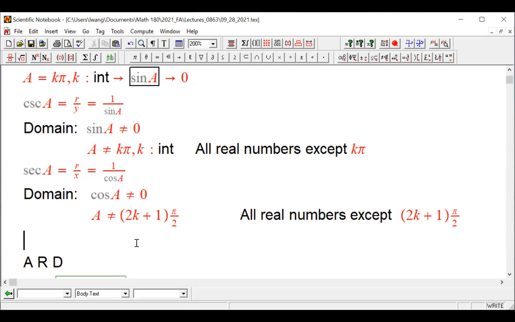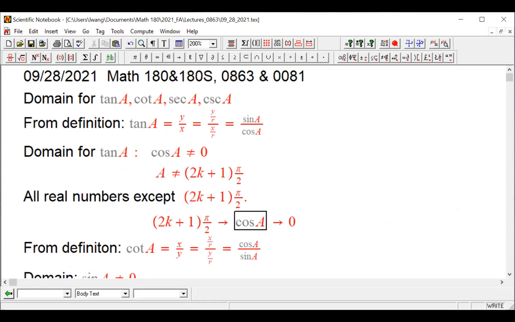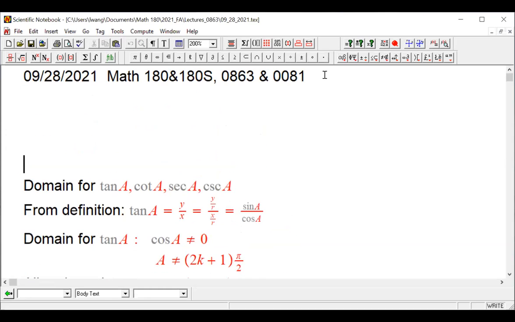We may not do the curve for cotangent, secant, or cosecant because we may not have enough time. But we definitely could do the domain. So let's put together the domain summary for today, of all these functions.